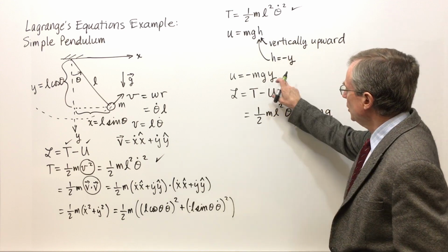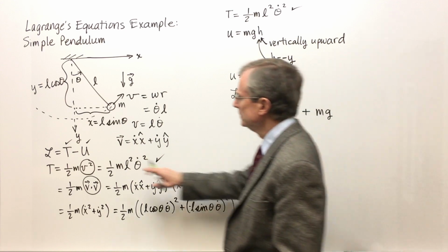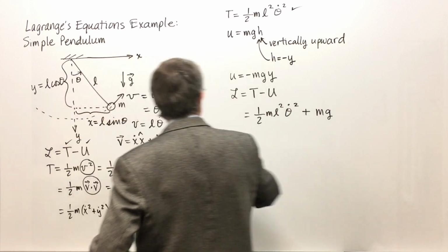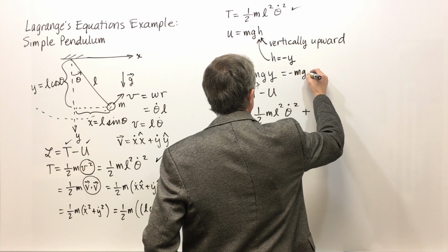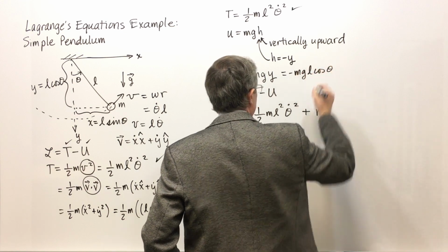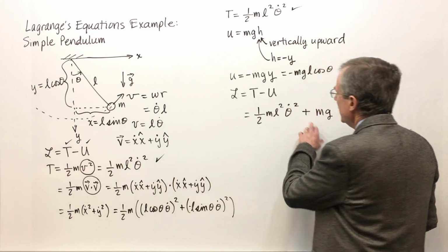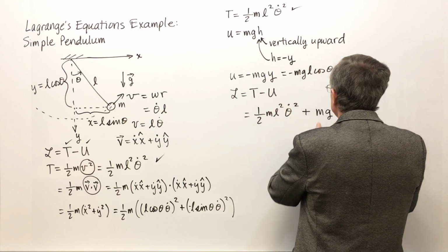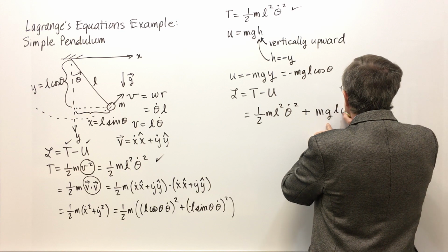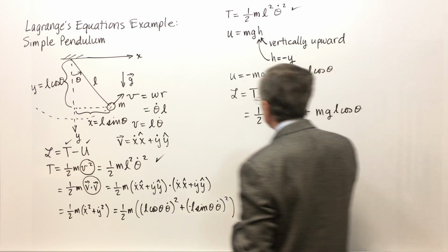And we actually know what y is. Y is L cosine theta, so now we're just taking the negative of this, putting it in here. So that's mg L cosine theta. There's a Lagrangian.